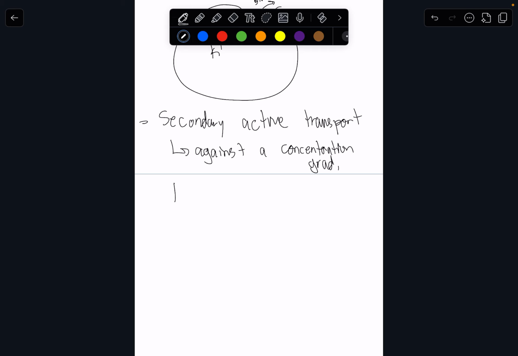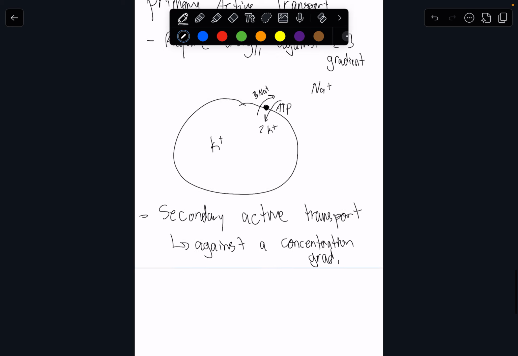The thing with secondary active transport that separates it from primary is that it's not directly using ATP as an energy source. What it is using is energy stored in the concentration gradients to move the desired solute that we're trying to move. So before we were talking about the sodium-potassium pump right here.